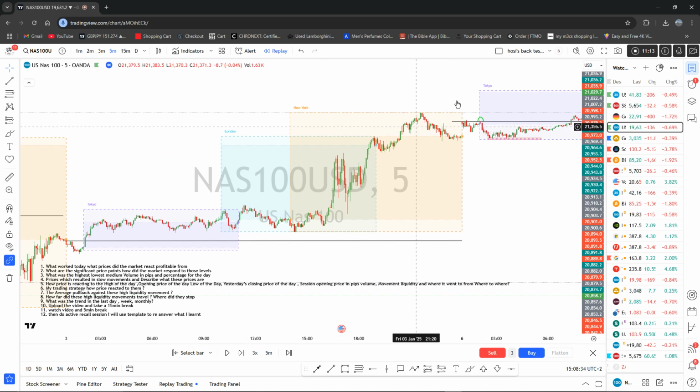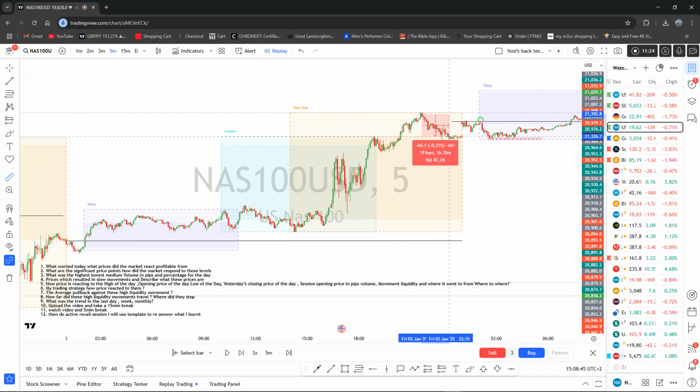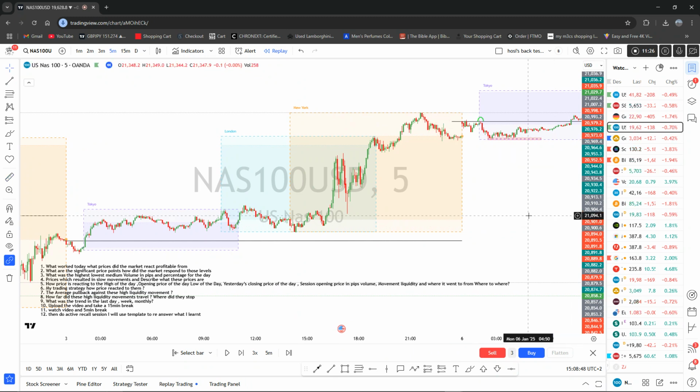The highest volume was that. The medium was 8 to 11. The low would be the first 30 minutes, from 3:30 until 4. The first 30 minutes was a bit slow.